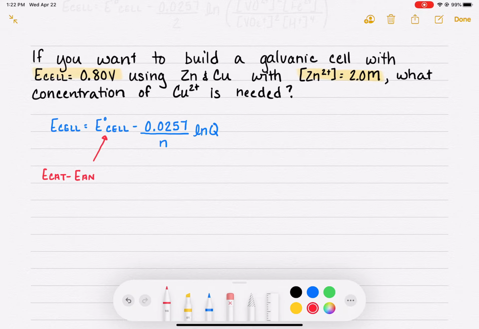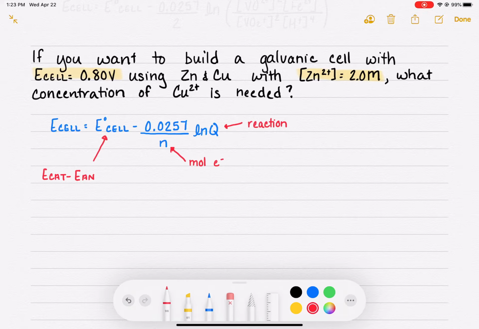We're also going to need to figure out what the half reactions are for this. We need to know what N is, how many electrons, and that's going to come from the half reactions as well. And then we also need to know Q, products over reactants raised to the stoichiometric coefficients. So for this, we just need to know the whole entire reaction that's taking place.